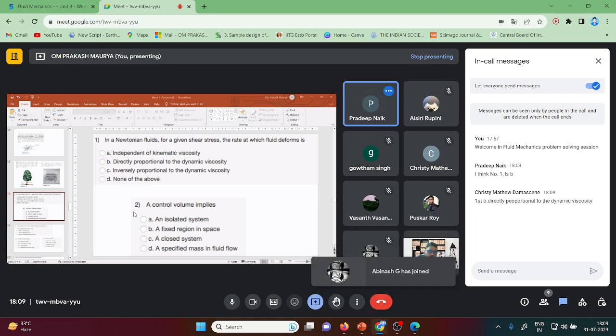Pradeep is saying that for question number one, option B is correct. Okay, let's see: directly proportional to the dynamic viscosity.